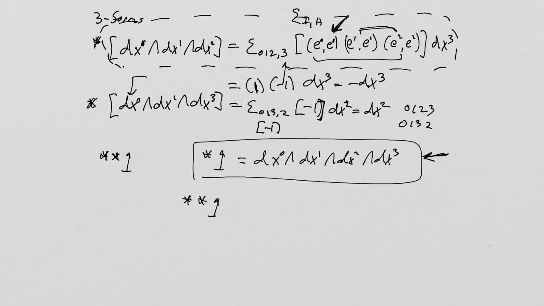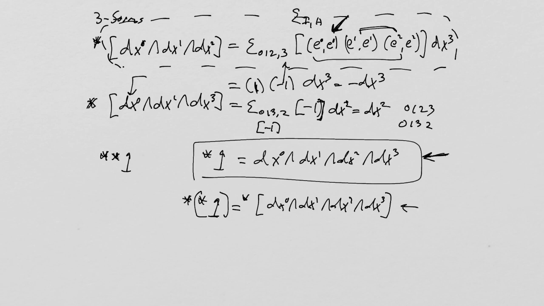The point was this, what's this guy, right? So this is just the Hodge dual of dx0 wedge dx1 wedge dx2 wedge dx3, which equals this.